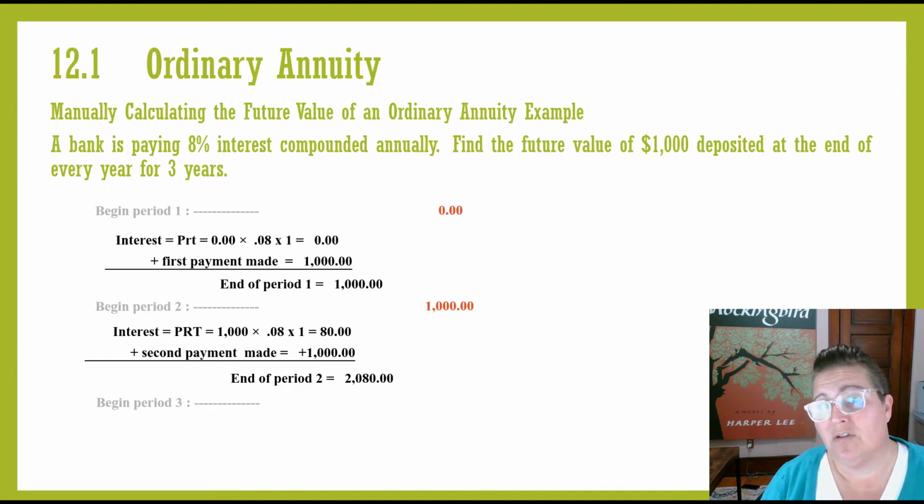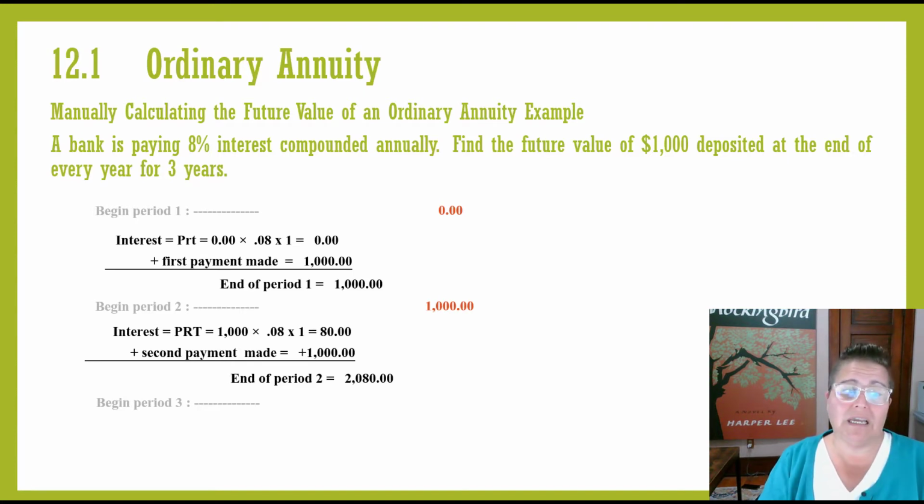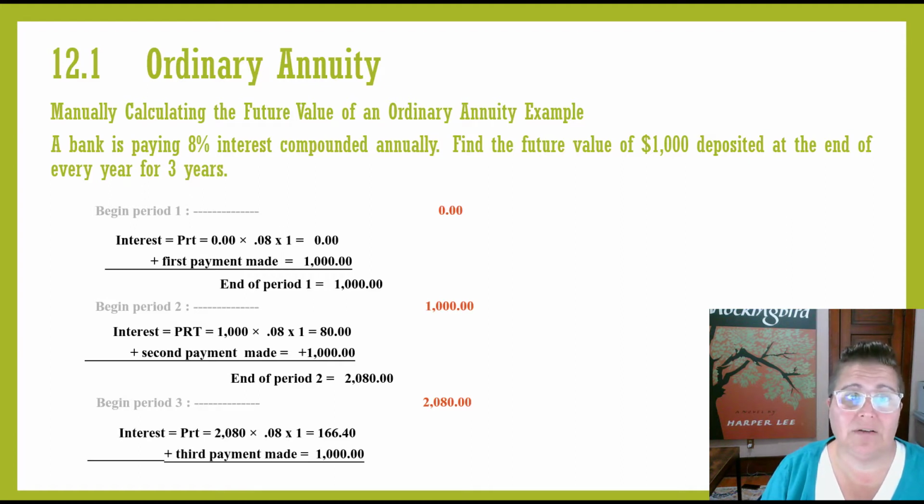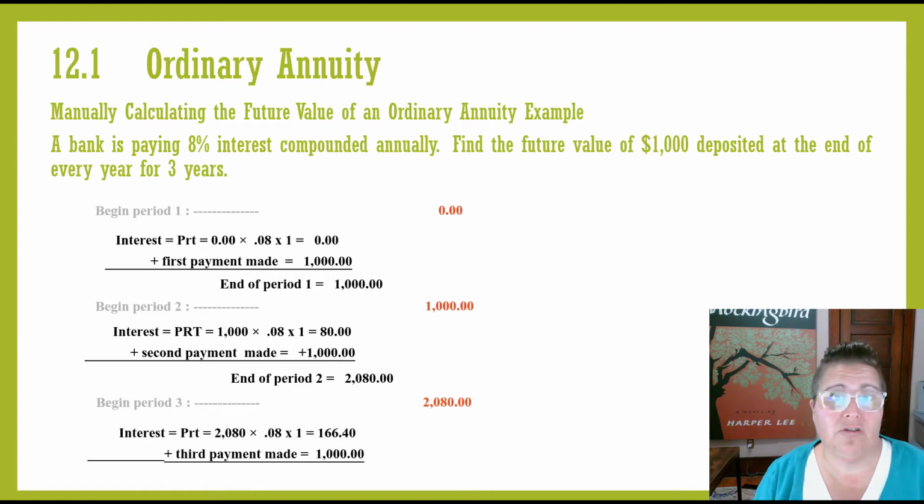The $2,000 are the two $1,000 payments we've made. The $80 is the interest that was earned in the second year. That means we can begin the third year with $2,080. That entire year, we're earning 8% interest on that $2,080, which is $166.40.